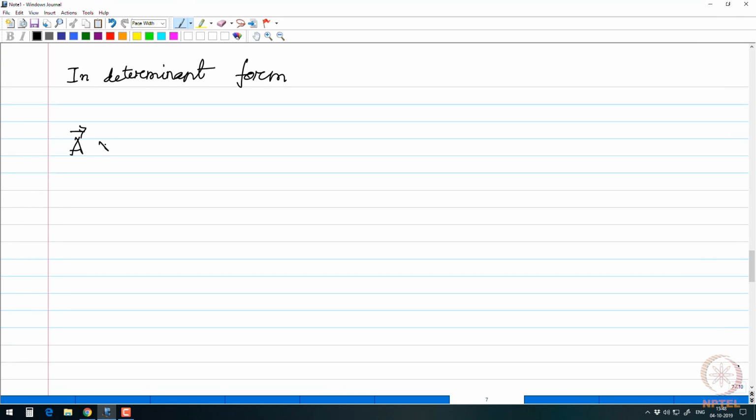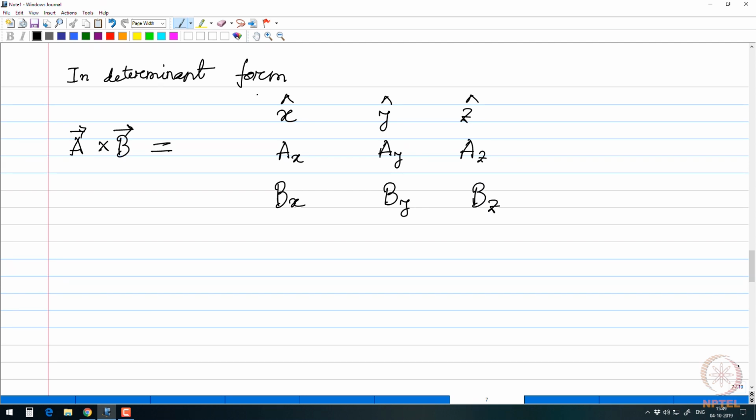A cross B with its Cartesian components can be written as a determinant: x cap, y cap, z cap, Ax, Ay, Az, Bx, By, Bz.